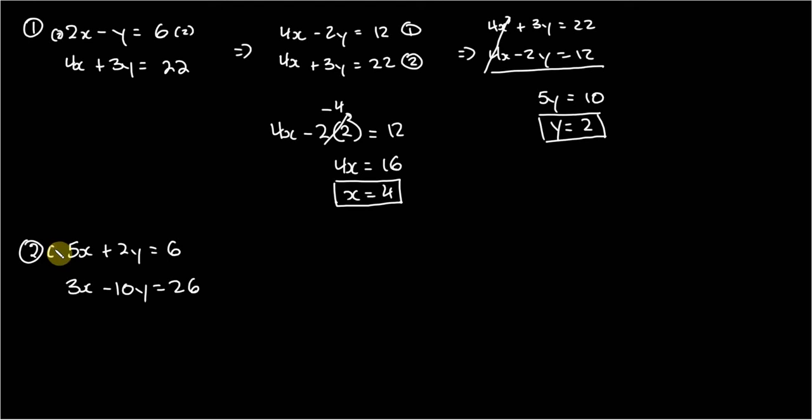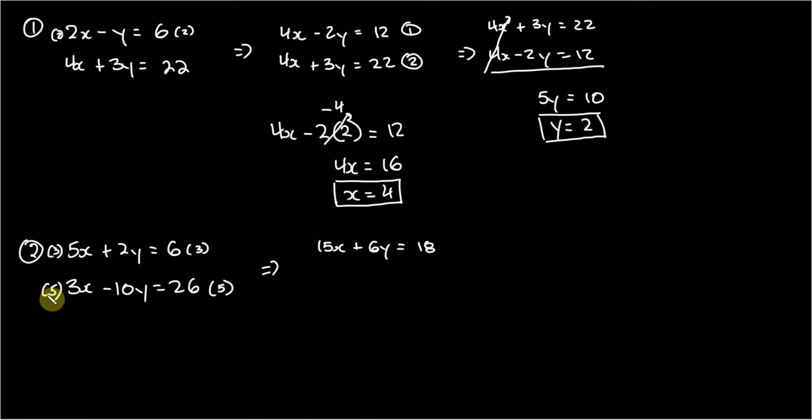So I'm going to multiply the top equation by 3 and the bottom equation by 5, because that will give us 15 as the coefficient of the x term, which we can then cancel. So at the top we've got 15x, and 3 times 2 is 6, so plus 6y, and 3 times 6 is 18.